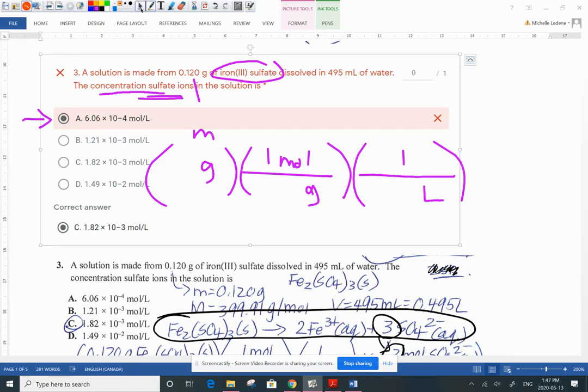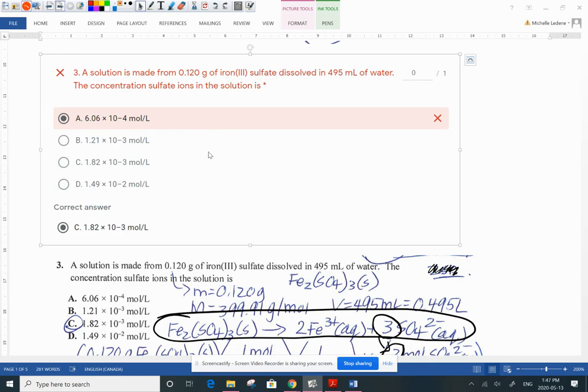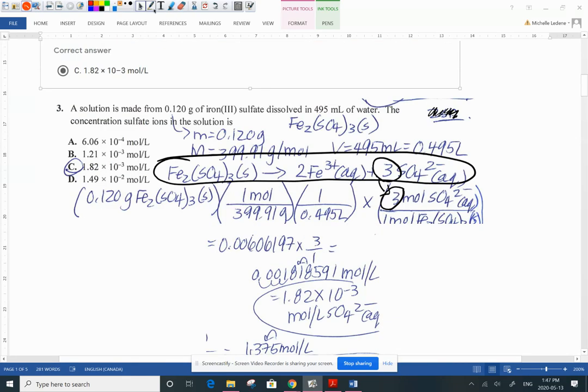So you have to write out for this one a dissociation equation, right? Once you go, and you were on the right track, right? You got part of it done, right? Is that you had your mass and you canceled out grams divided by molar mass. Now I've got moles. I've got to divide by liters to get concentration. That's this guy's concentration. But the question is asking you about the sulfate ions.